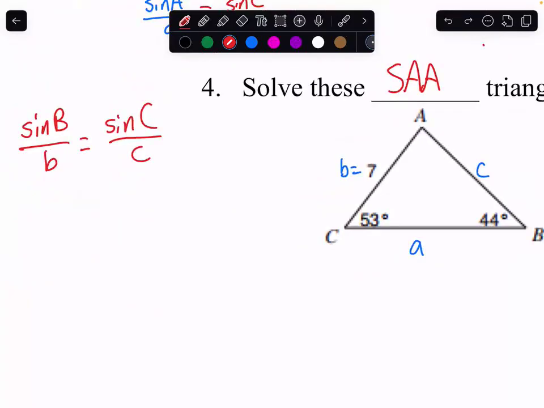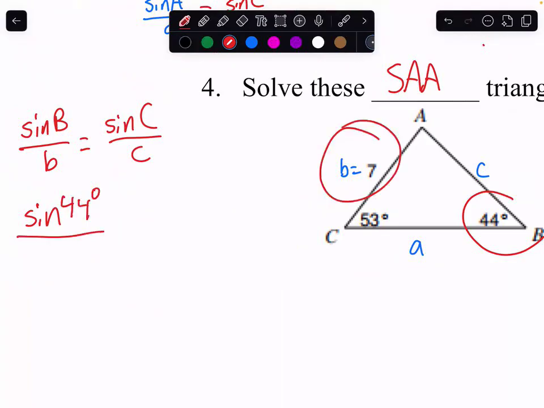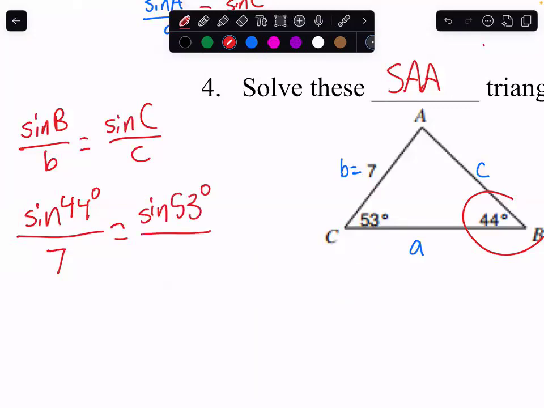The part that we know: capital B is 44 degrees. We know that side length lowercase b is 7. We know that capital C is 53 degrees. But we don't know side length lowercase c. So just leave it as the variable then.